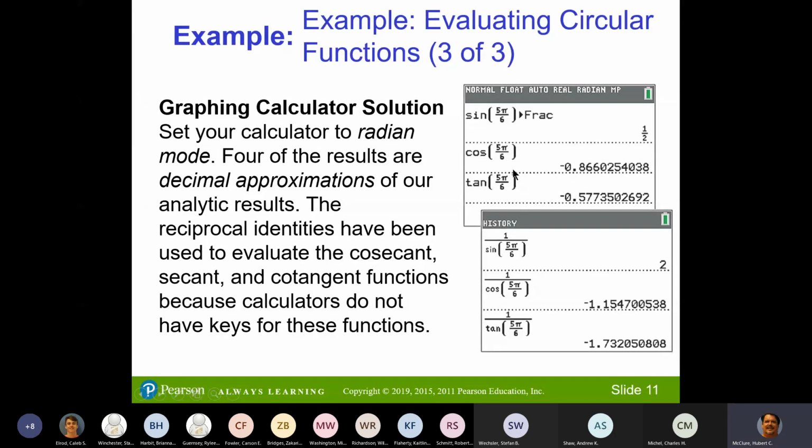We're just showing you there how to do that. So make a note of that, and take a picture of it or write a quick note, but it does come in handy to be able to change it from a radian to a decimal or a fraction.